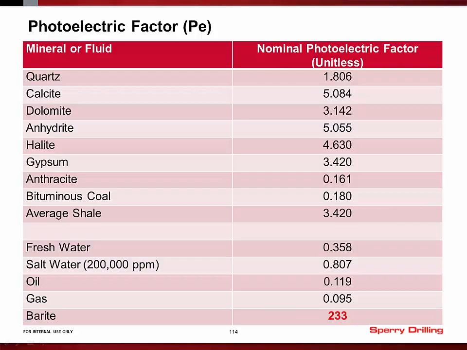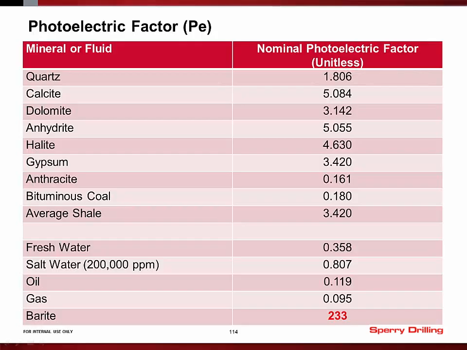And this table shows a summary of some of the more common minerals and some of the fluids that are found in boreholes with their associated PE values. First of all, you'll notice that the heading of this shows that the PE is a unitless parameter. You may see on logs, older logs from Sperry and logs from competitors, that the PE factor is labeled with units of barns per electron, or B/E.